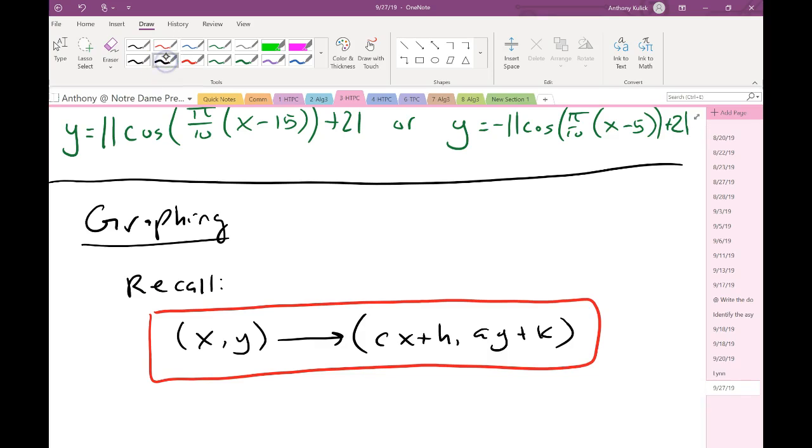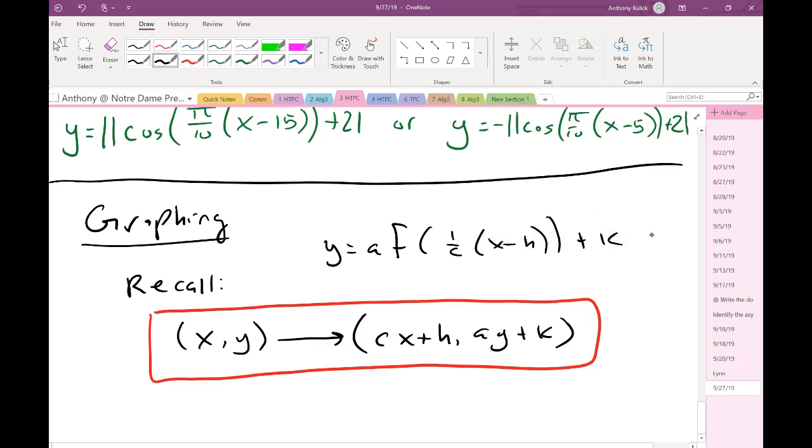This is something you'd want to have memorized, I know. But it's really the same thing as this, it's just written in a different form.